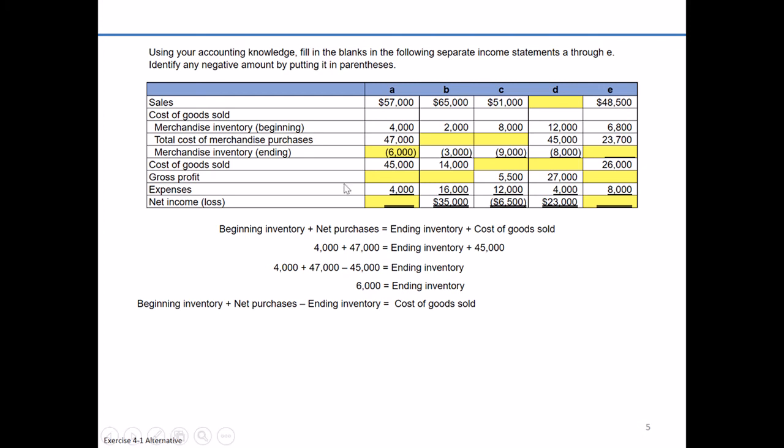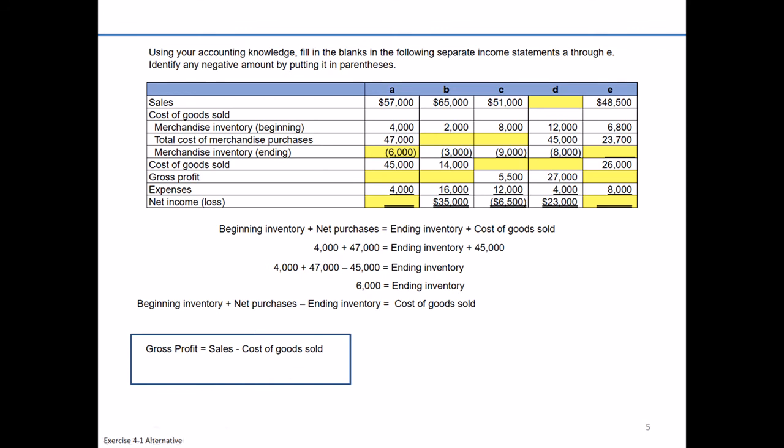Then we start to look at some of our other blanks. For example, gross profit. Now let's think about what's the formula for gross profit. Gross profit's something new to this chapter because we're a merchandiser. Now we have cost of goods sold. And gross profit's also called gross margin. It's simply sales minus cost of goods sold.